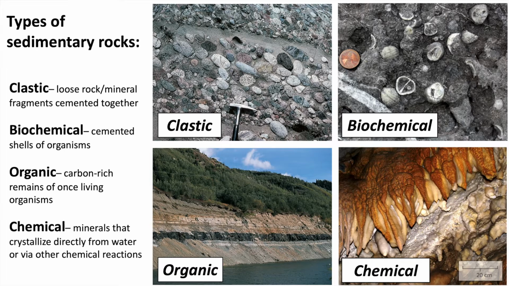In the case of clastic, biochemical, and organic, you're dealing with pre-existing minerals that are just getting smushed together. But in the case of chemical sedimentary rocks, you're actually forming new material and new minerals. And so when we're talking about sedimentary minerals, we're interested in those new minerals that have formed as a result of these chemical processes at the Earth's surface.